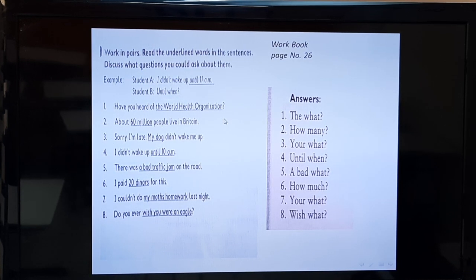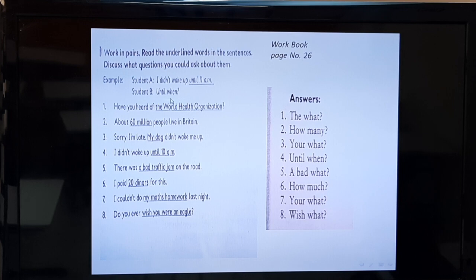You have an example. Student A: I didn't wake up until 11 a.m. Student B: Until when? So here we use a question word. Choose a suitable question word for the underlined part of the sentence.